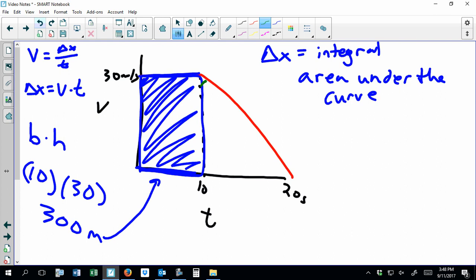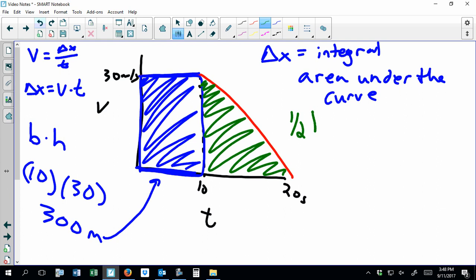Here in this section, that velocity isn't constant. We've got this acceleration, but we can use a little geometry to still get that area. You'll notice that that is a triangle that has been poorly drawn. It's got a little curve to it, but ultimately that is a triangle. The area of a triangle is 1/2 base times height. So we do the same thing here. If I want the distance or the displacement from 10 to 20 seconds, I have a half times still the base of 10, and that height is still 30.